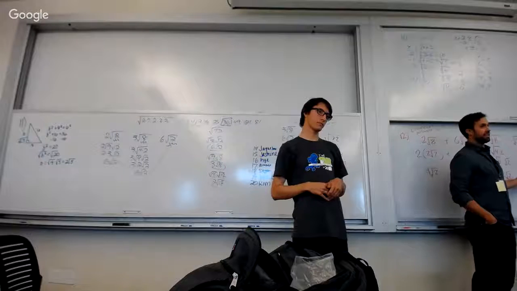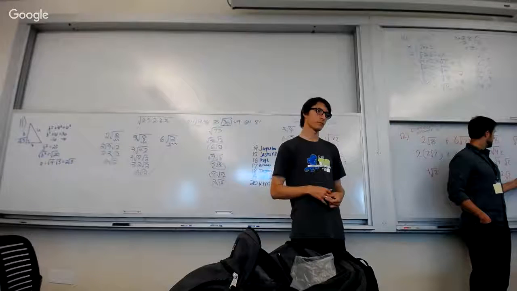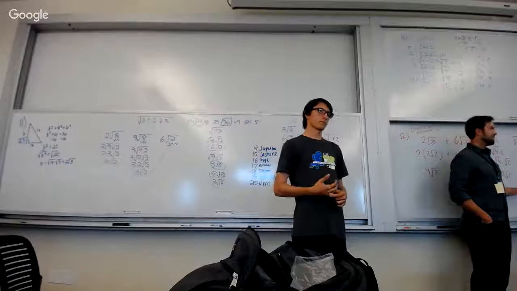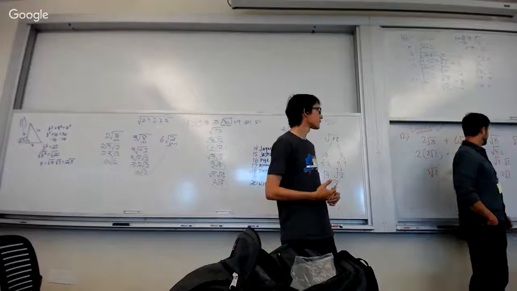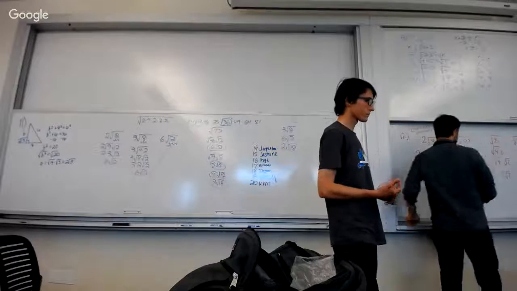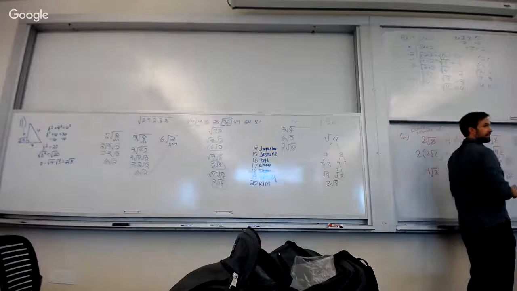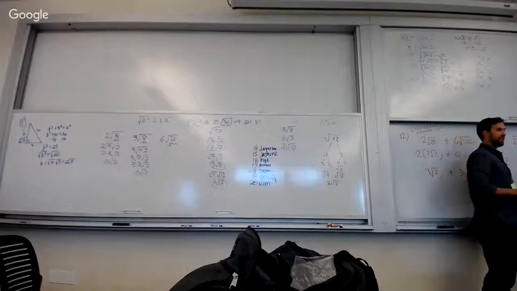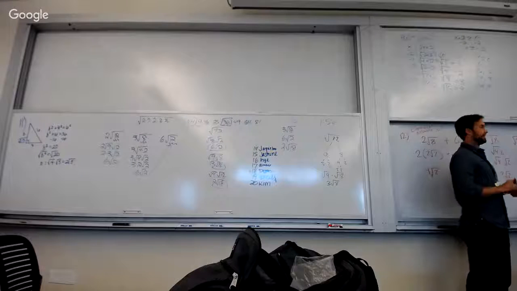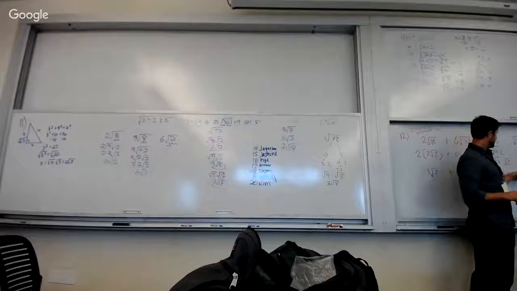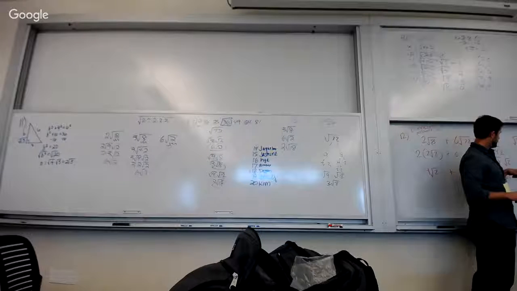It's like 2 times 3. There's three 2s, right? Yeah, there's three 2s. Okay, so you're saying that you brought out this pair of 2s and that pair of 3s? And then 2 times 3 is 6.